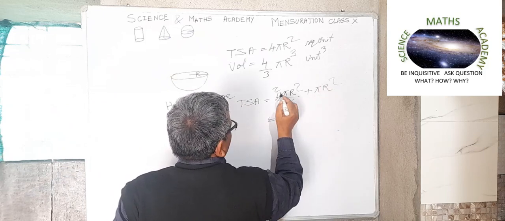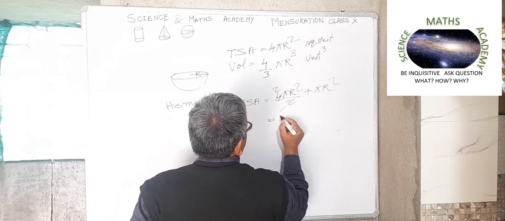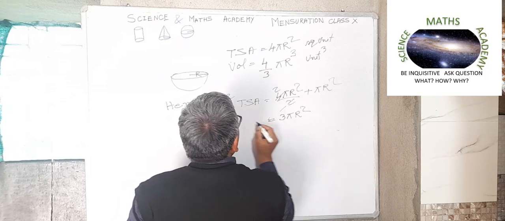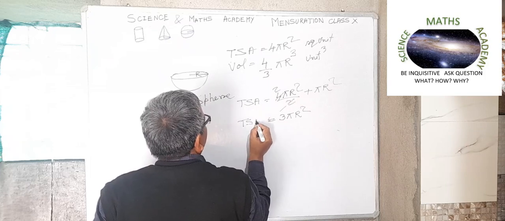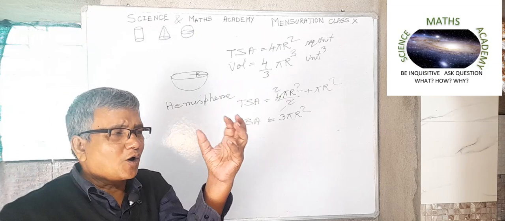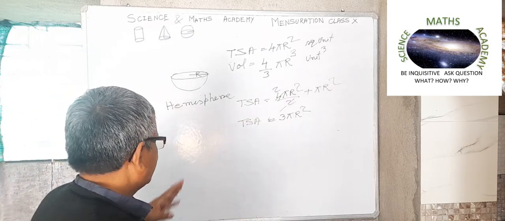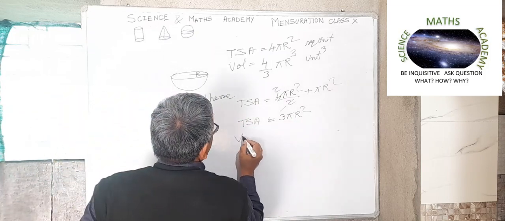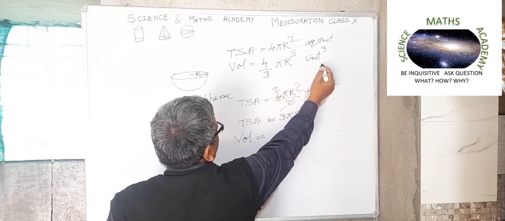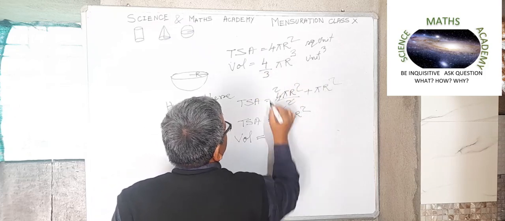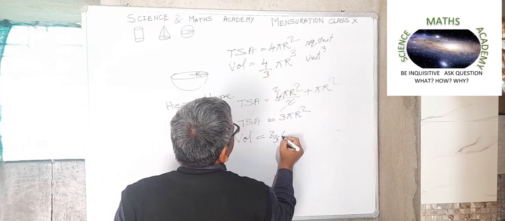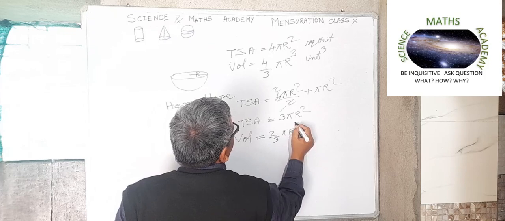So 2 pi r square plus pi r square is 3 pi r square. This is the total surface area formula. The concept is this: I have cut a mosambi, lemon or orange from the center. Volume is very easy, sir. This is half of the total volume, so half of 4/3 pi r cube is 2/3 pi r cube.